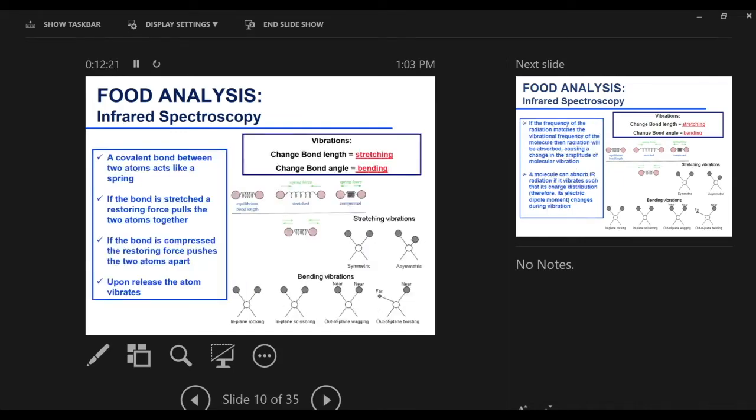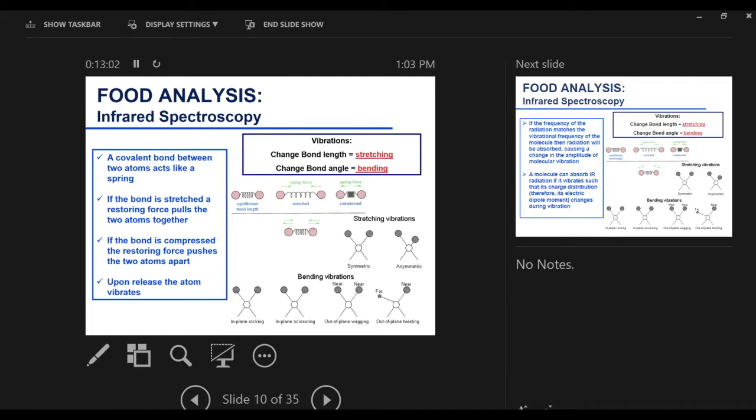So what happens when the molecule absorbs IR radiation? You end up having a vibration above its regular vibration at the ground state. These vibrations are due to stretching and bending of the bonds. Here is a little animation of stretching. You have symmetric stretching, which means the atoms within a molecule stretch in the same direction, and asymmetric is when they stretch in opposite directions.